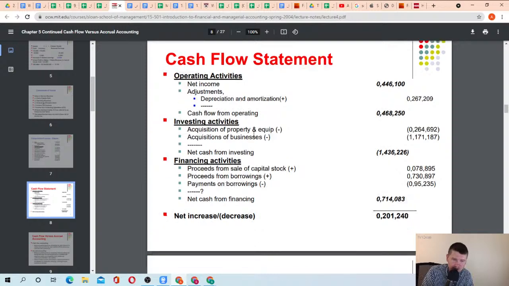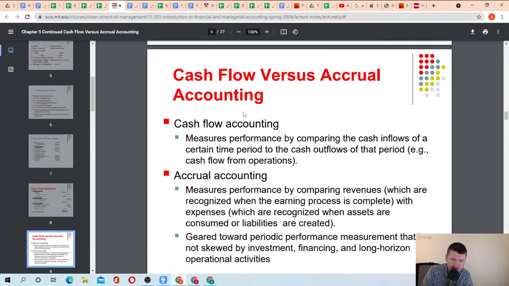That's cash flow statement. By some a bit strange logic, they come up with cash flow accounting versus accrual accounting. In official income statements in public companies, that's how you measure cash flow and accrual accounting.